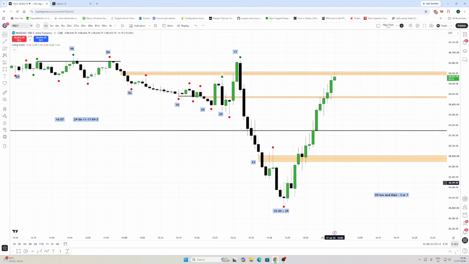So now 59, it has to create a pivot just so that the algo path is met. So I'll try to short just to show you whether this works or not.